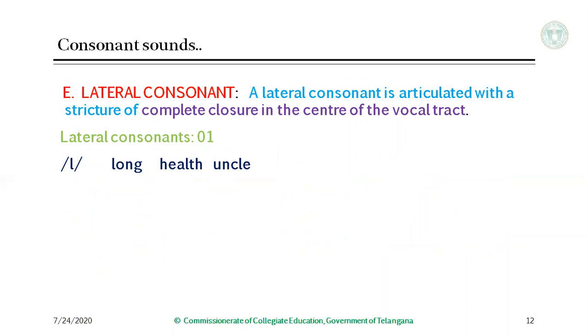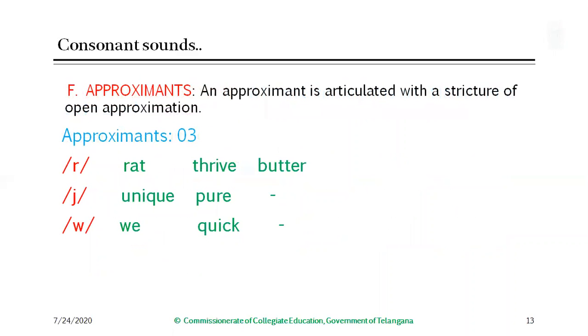And the next one is approximants. An approximant is articulated with a structure of open approximation. There are 3 approximants among the 24 consonant sounds.